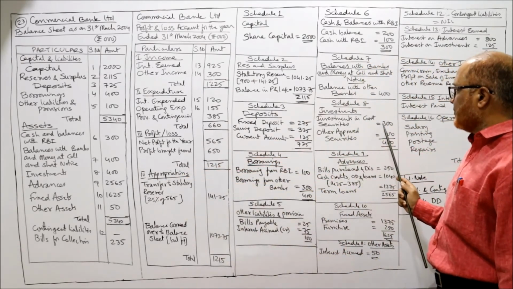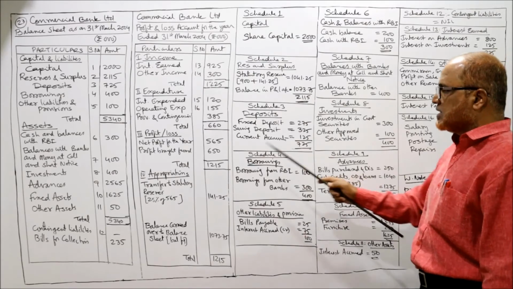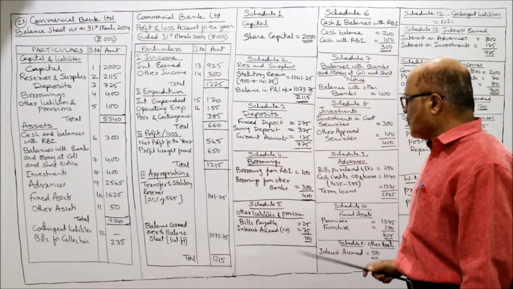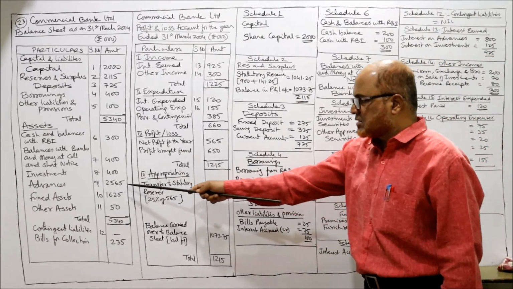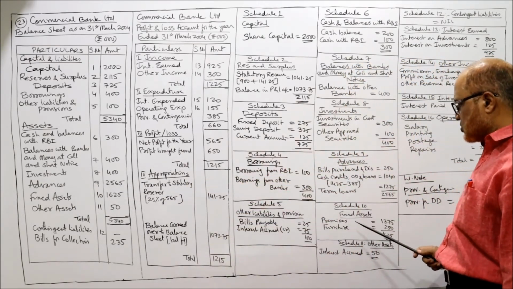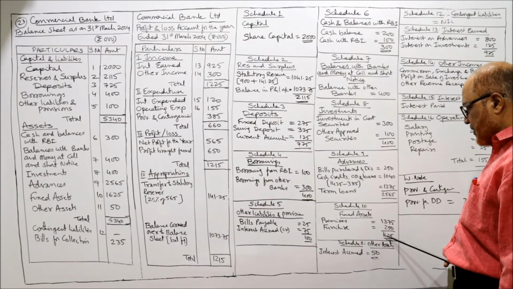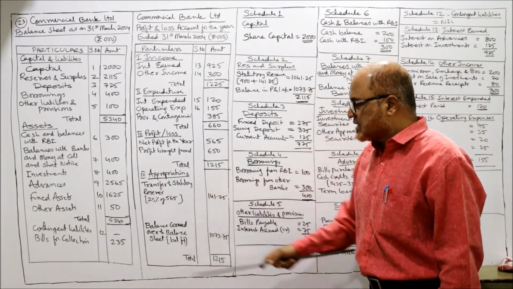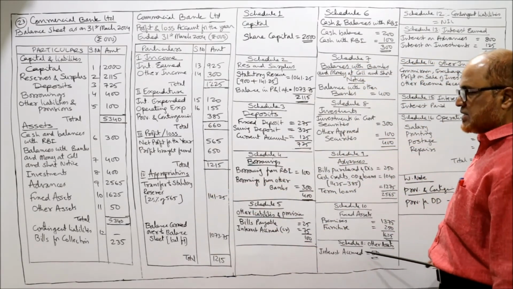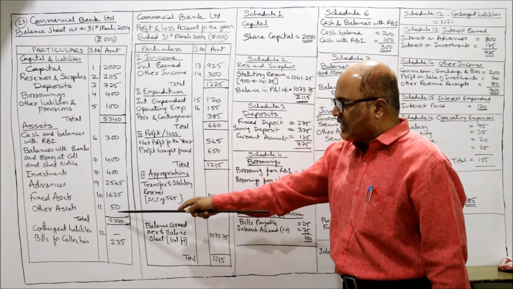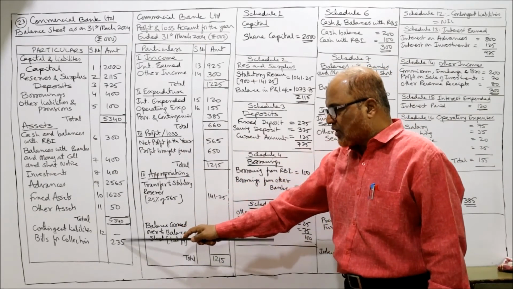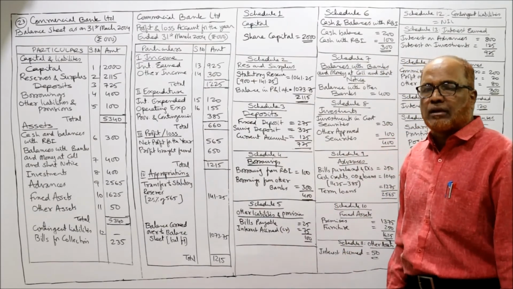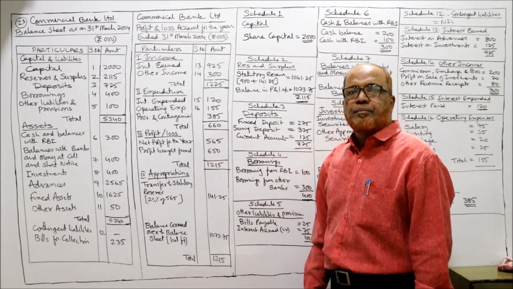Investment, 300 plus 100, 400 is the investment. Advances, 2565 is the total of advances. Then fixed assets, premises and furniture, 1625. Other assets are 50. Now balance sheet, asset side will get tallied, 5340.